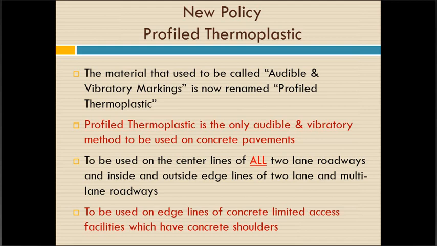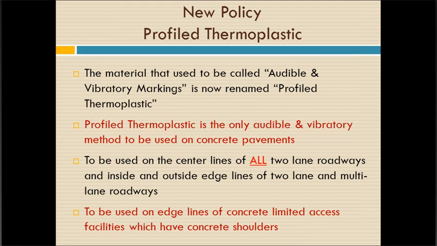Now, this is kind of where everybody's saying, well, we've been talking about rumble striping for over 6 months about getting this thing out. And we had some decisions pretty well made on rumble striping.